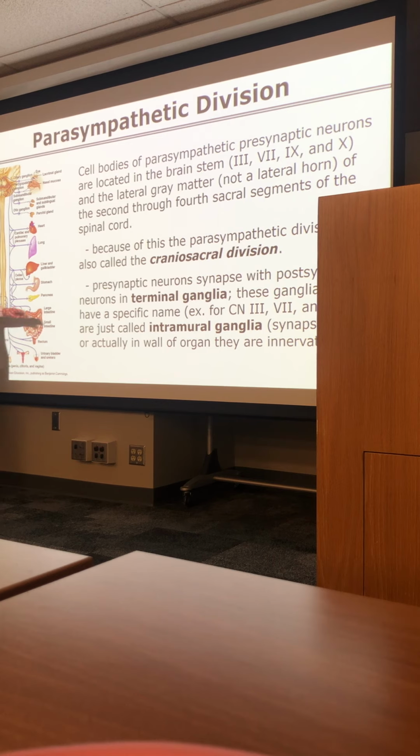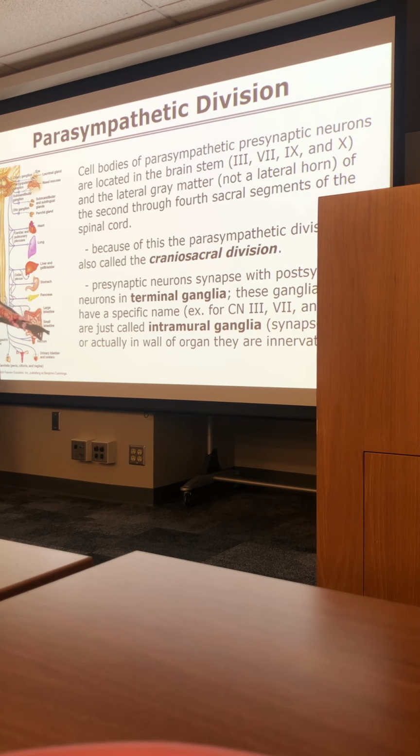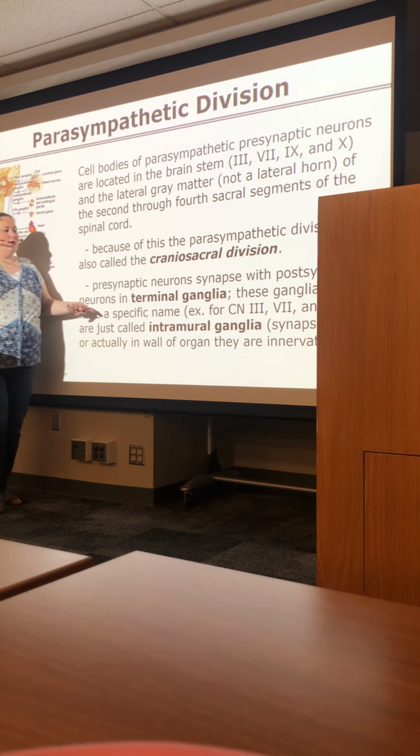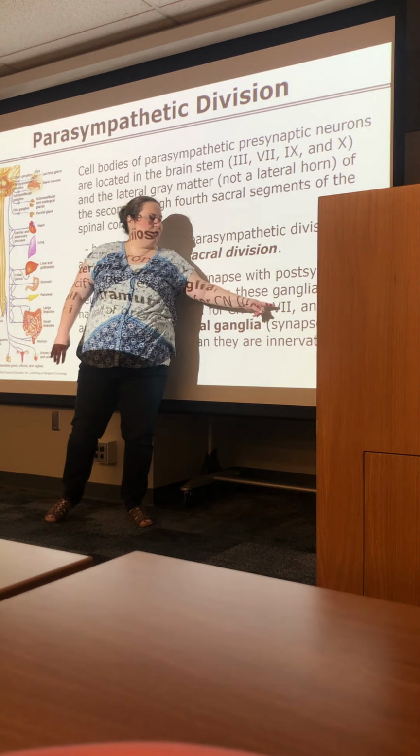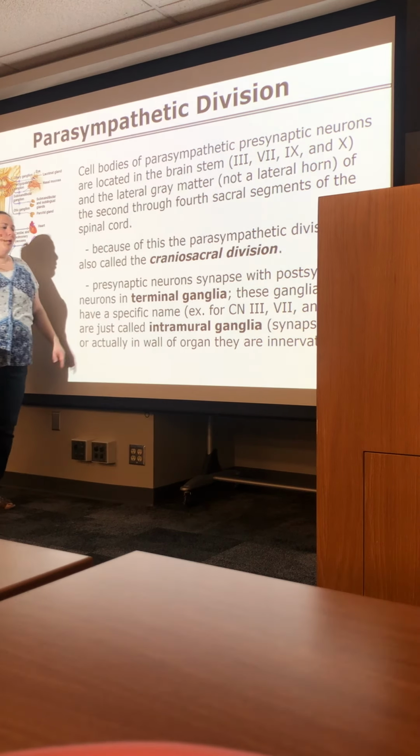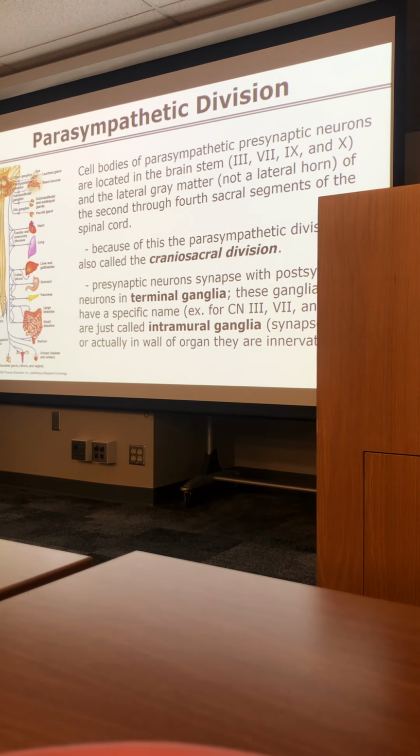These terminal ganglia sometimes have a specific name, and they'll have a specific name when they're associated with the parasympathetic information coming from cranial nerves 3, 7, and 9. Remember when we were looking at things like the GI tract, those ganglia that are actually in the walls of the organs being innervated are hard to say are always sitting in the same spot.